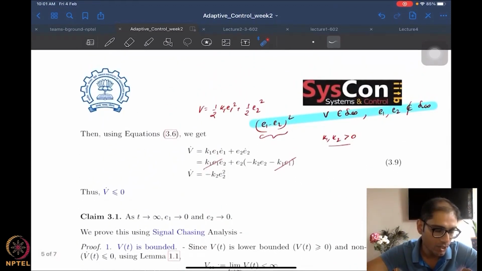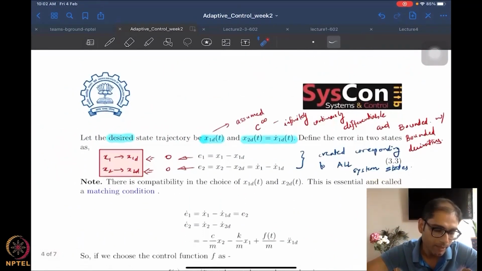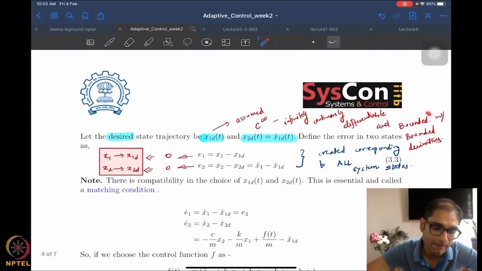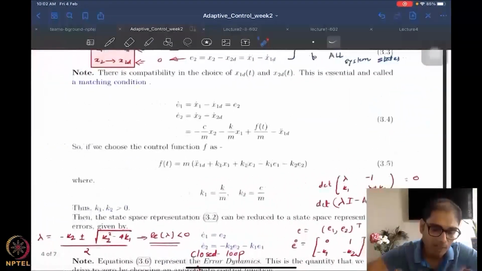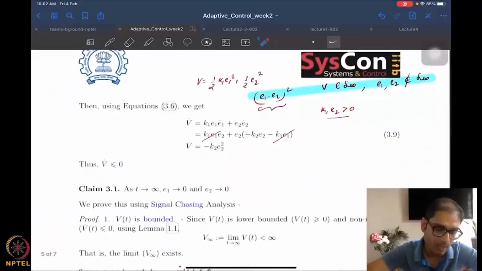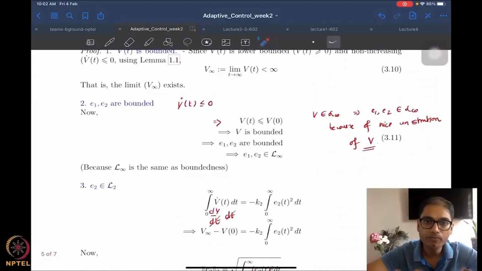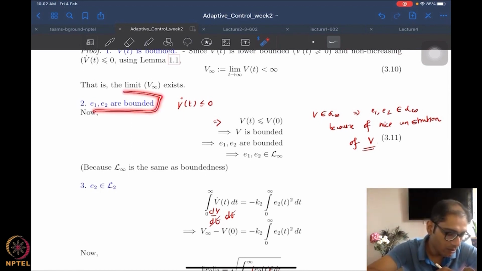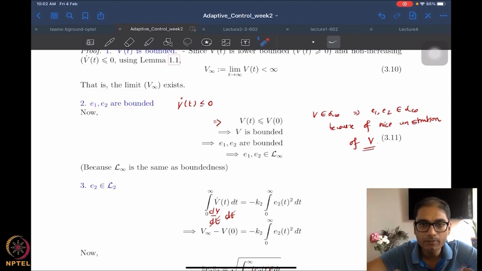Notice that our chosen trajectories were themselves bounded with bounded derivatives. So what does it mean? It means that if E1 and E2 are bounded, then X1 and X2 are also bounded.